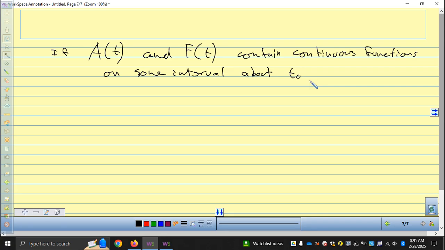That's our initial condition, if we want to think about it that way. Given that those matrices contain continuous functions, a unique solution to the system exists.